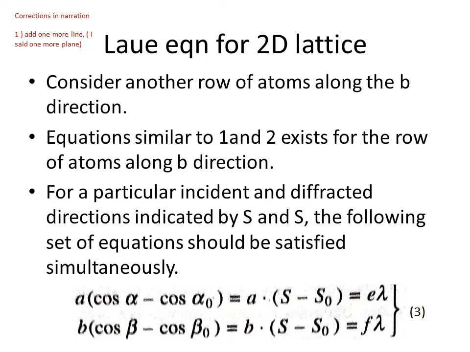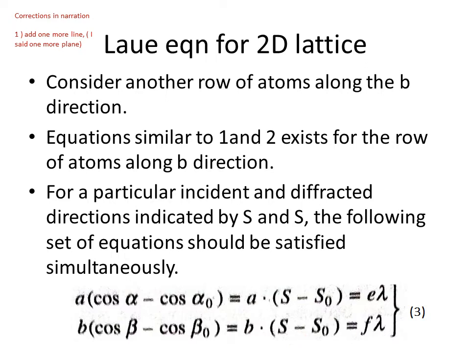So what we have is the equation which we have written down right now for a line of atoms arranged along the A direction. An equation similar to that will exist for representing the diffraction condition to be satisfied by the atoms placed along the B direction as well.